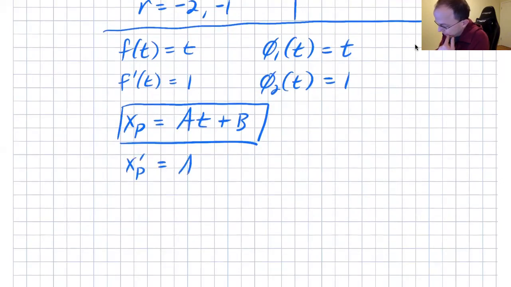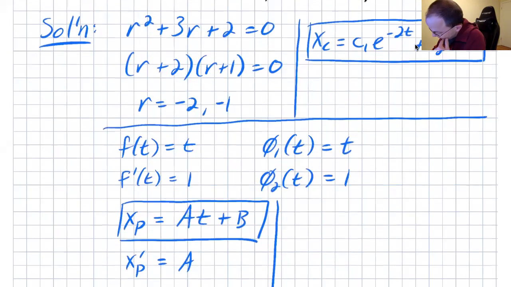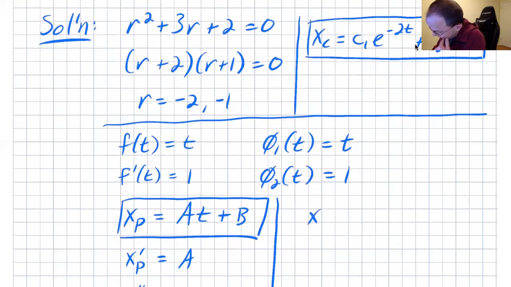Okay, so there's the form of the particular solution, and we need to substitute that into the differential equation. Let's take the derivative once, and then twice, and now we can substitute. So x double prime p plus 3x p prime plus 2x p is equal to t.